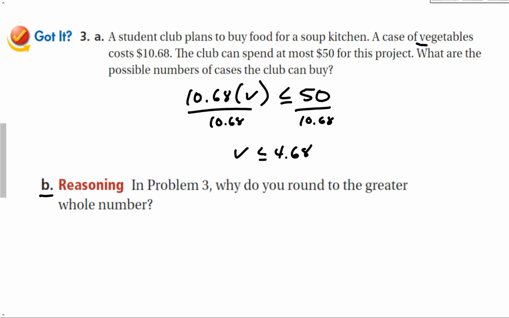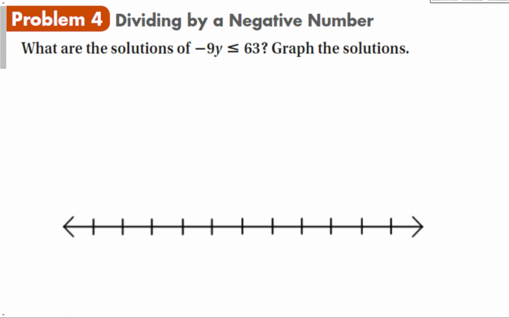So if I were to buy 5 cases, even though this is 4.68, you would think maybe round up. If I were to buy 5 cases, I would spend too much money. Okay? So I have to buy only 4 cases.